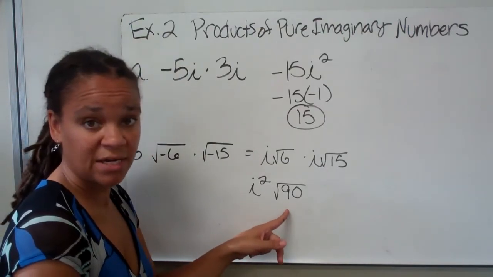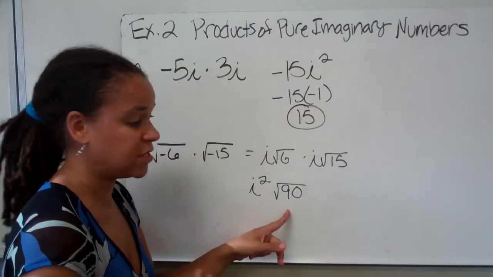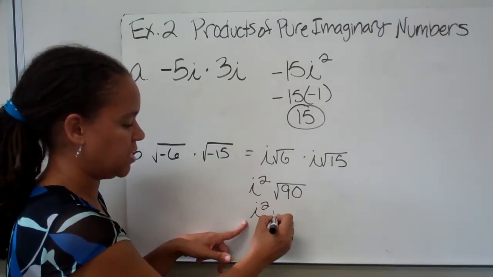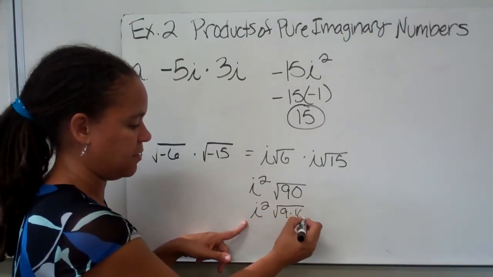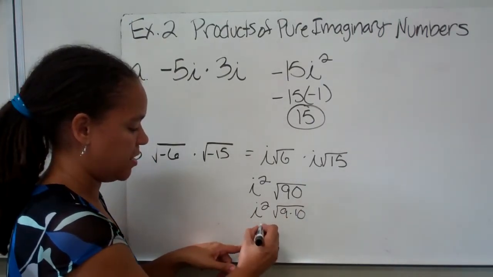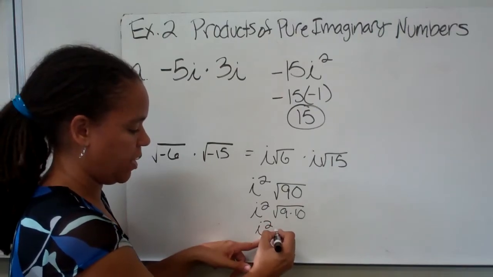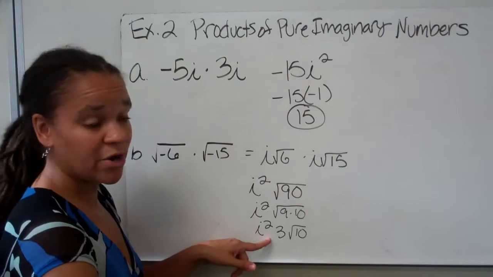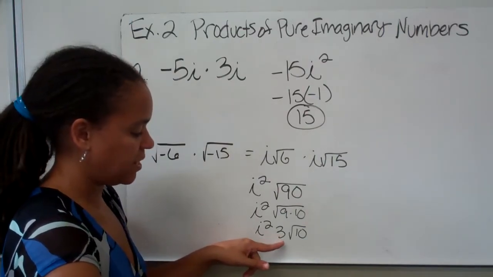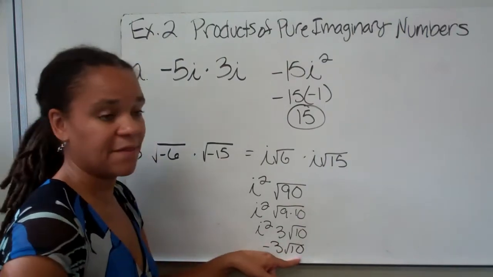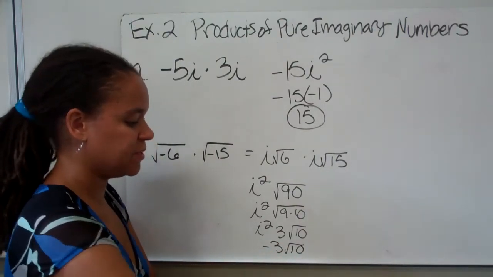It does, because now I can see that 90 has a factor that's a perfect square, which is 9. So this could be i squared times the square root of 9 times 10. Of course, square root of 9 would be 3. So we have i squared, I'm going to pull the 3 out, radical 10. i squared is negative 1. Negative 1 times 3 would be negative 3. And we still have our radical 10. This will be our final answer, simplified.